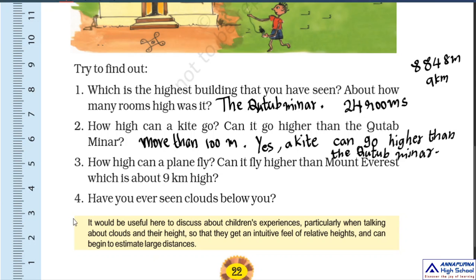Okay children, so how high can a plane fly? More than 12 kilometers. Why? Because planes travel above the clouds and above the hills also. So obviously yes, it can fly higher than the Mount Everest.